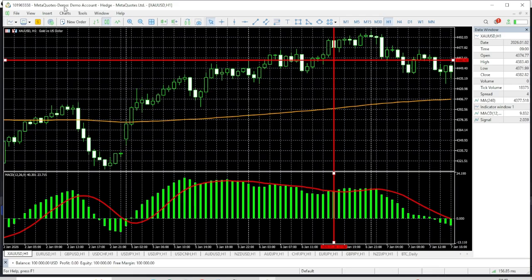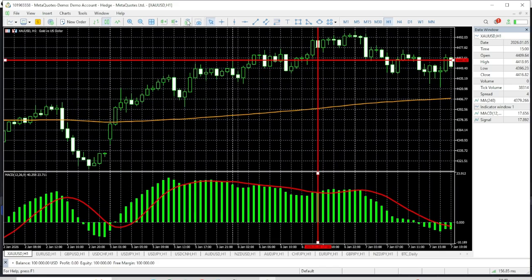Here, the MACD dropped below the 0.00 level. Yet the candlesticks are forming above the EMA 240. So you keep watching.